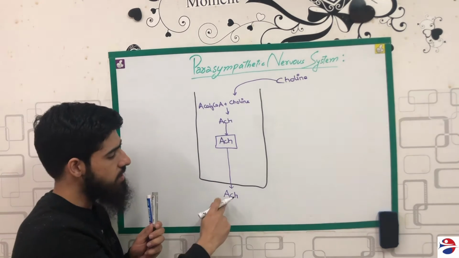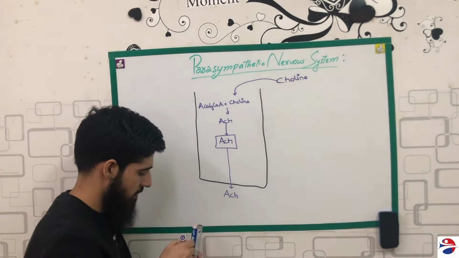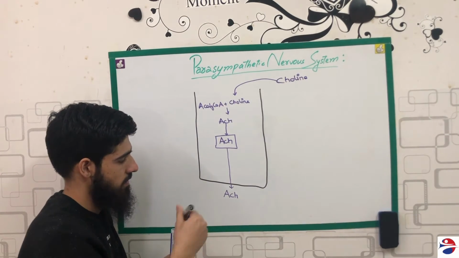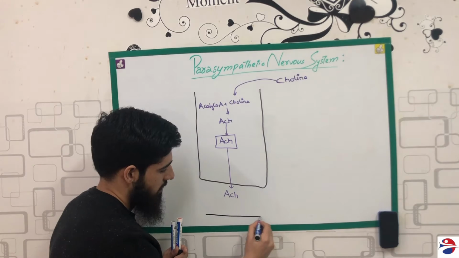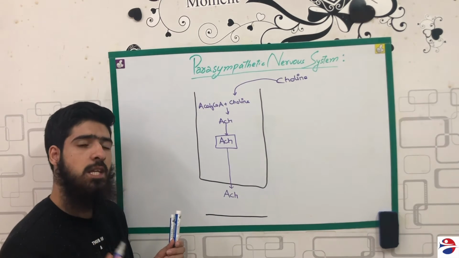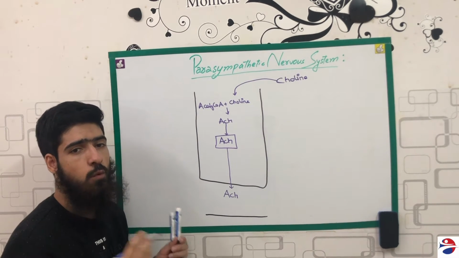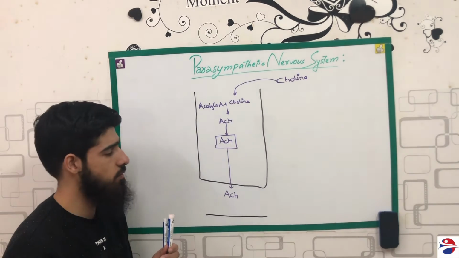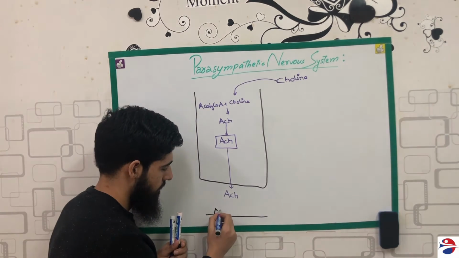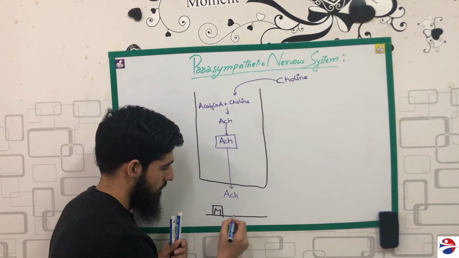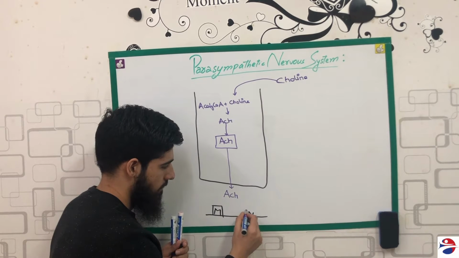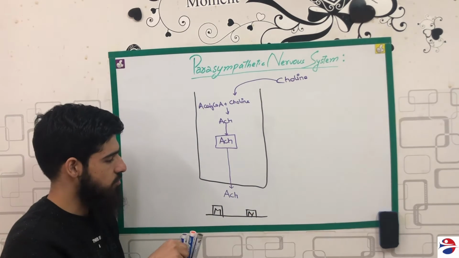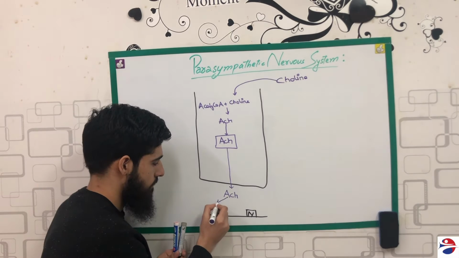Once it's released, it starts acting on receptors. In the parasympathetic nervous system, we have two types of receptors: M type and N type. So it starts stimulating these two receptors.